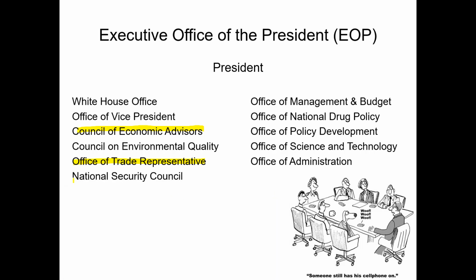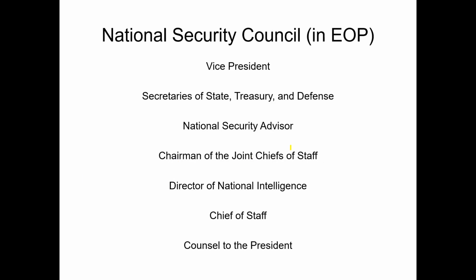So we can talk a little bit more detail about the National Security Council, which advises the president on security affairs. These are the people that typically sit in on the National Security Council. The National Security Advisor is the chief person of this particular group that advises the president.